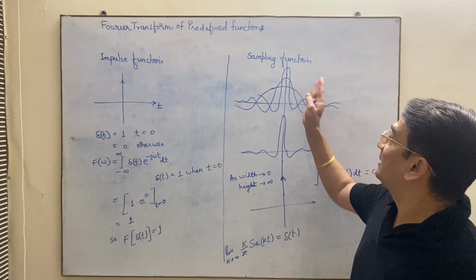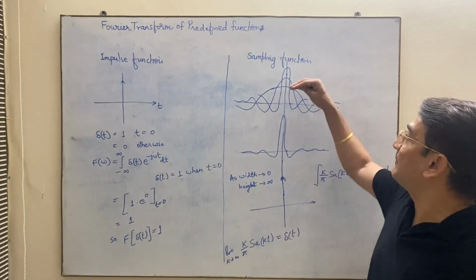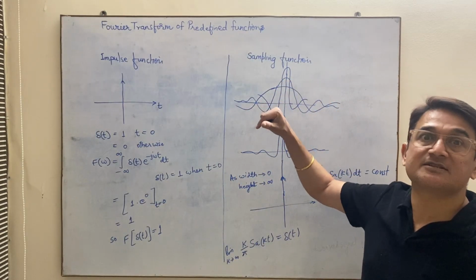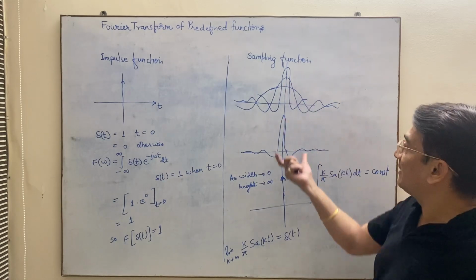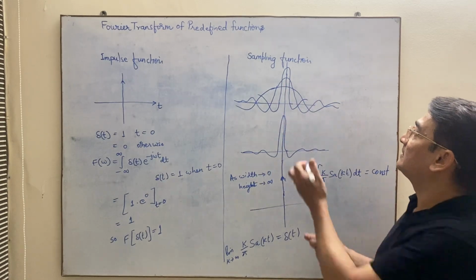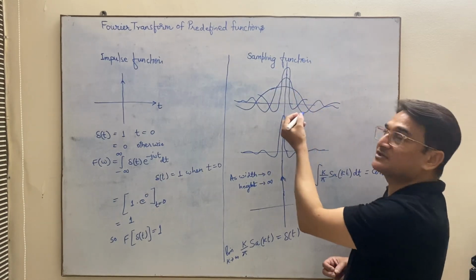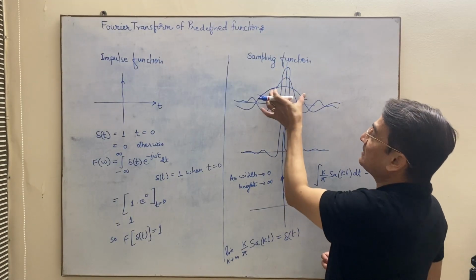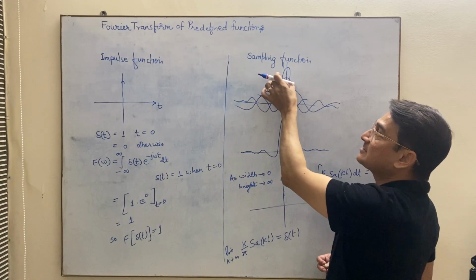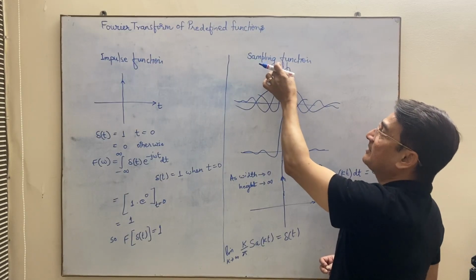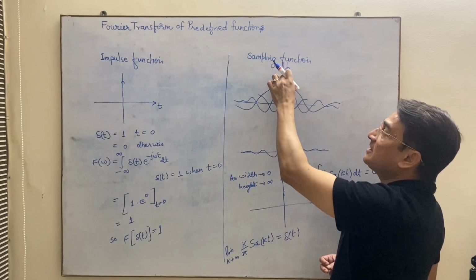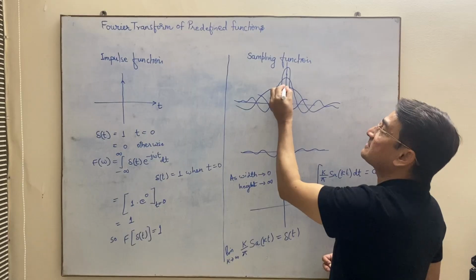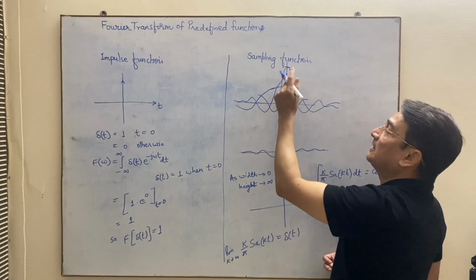One more function, the sampling function, which we have already discussed previously. Now you can see there are various sampling functions I have drawn. These are 3 sampling functions. So this peak you can see where it is changing.